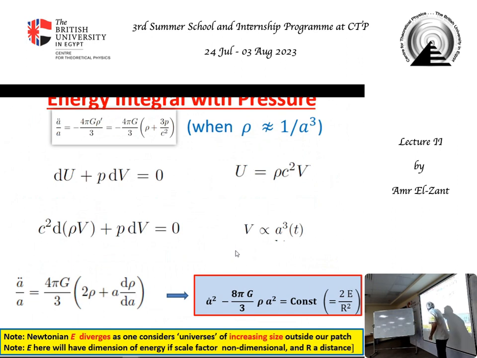If P equals 0, then this is rho V is constant, 1 over a cubed. But if P is not 0, then you get different things. If P equals 0, this is just rho V equals constant, meaning rho is 1 over V, just like our regular equation for matter.